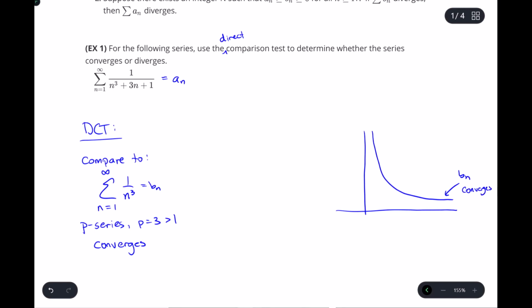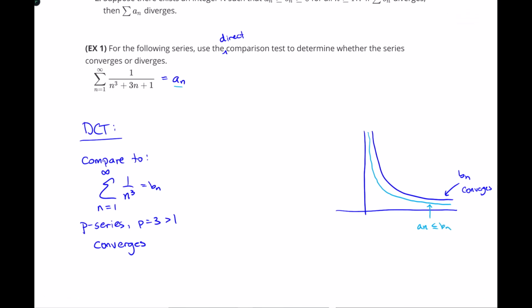So what we need with a sub n is that it would need to be going to 0 faster, so all of its elements would have to be less than or equal to b sub n. The test here basically is to show that all the elements of a sub n are less than or equal to b sub n.